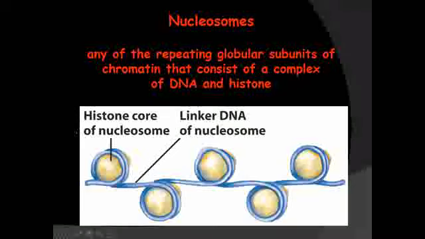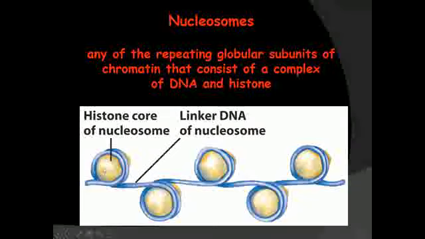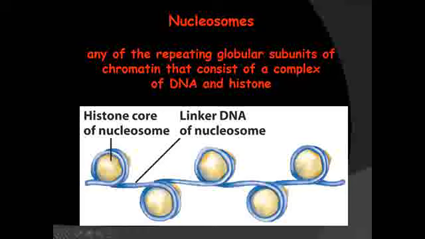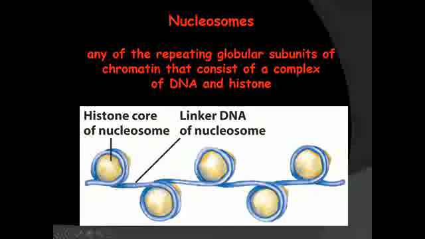Histone modifications play a huge part in epigenetics, which means that even if the sequence of DNA wound around the histone proteins is unchanged, the expression of the gene can be changed depending on whether it is tightly bound with the histones or loosely bound with the histones.